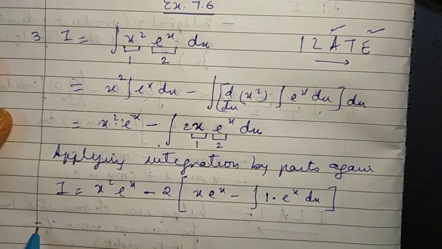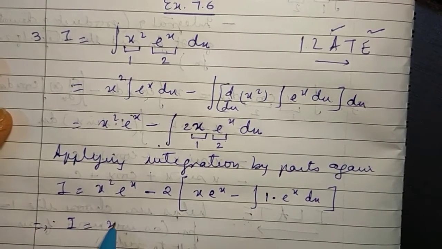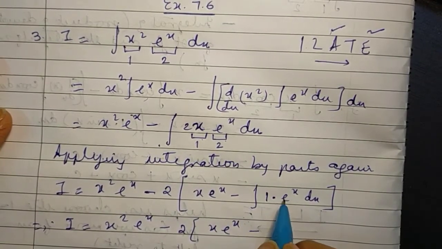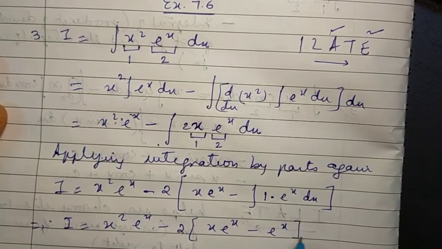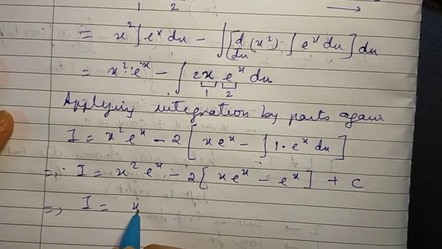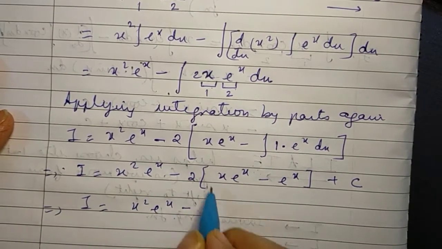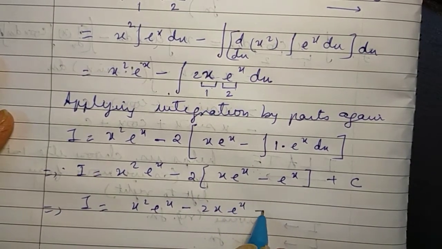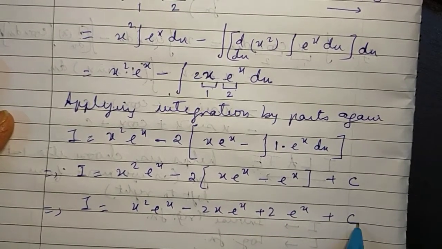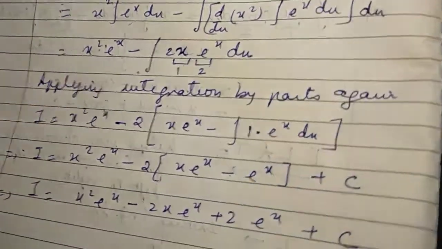Now this comes out to be I equal to x squared e raised to power x minus 2 times x e raised to power x minus, again this integral, e raised to power x plus a constant. So we get I as x squared e raised to power x minus 2x e raised to power x, and minus times minus becomes plus 2 e raised to power x plus a constant, which is the answer.